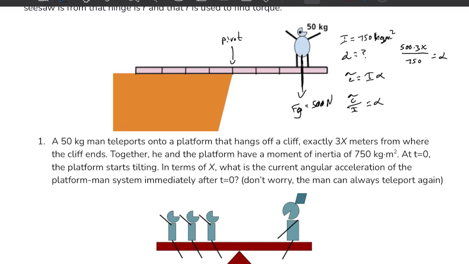When you take the 500 times 3 divided by 750, I believe you get 2. The x is still there. So it'd be 2x radians per second squared.